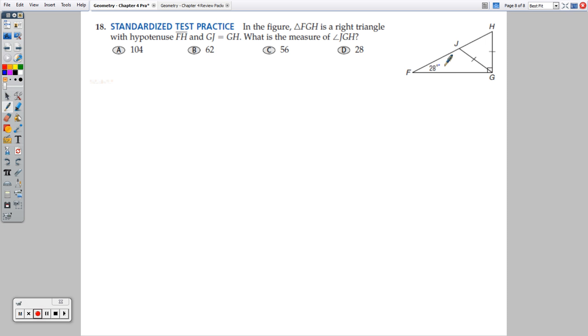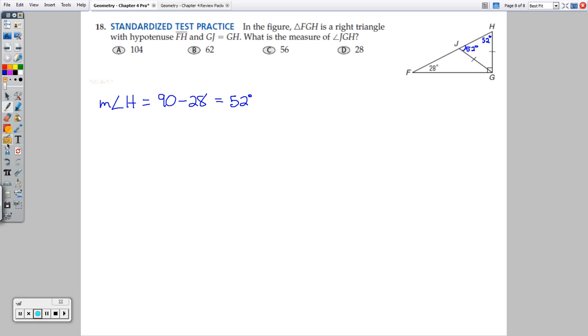So if this is 28, that means the measure of angle H would have to be 90 minus 28, because there's 90 left over for these two. That one's 90, so this means that would have to be, looks like 52 degrees right here. If that's 52 degrees, this one is also 52 degrees, because this angle and this angle have to be congruent.